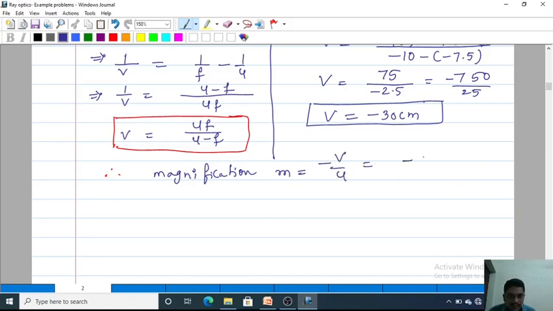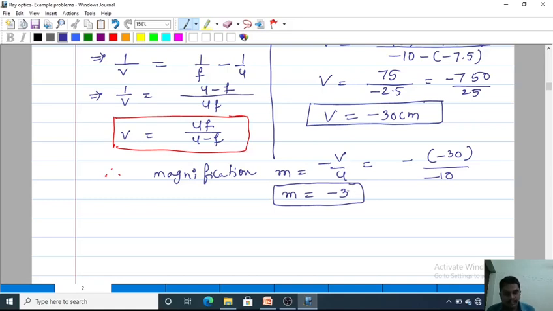So m equals minus of minus 30 by minus 10, which gives minus 3 finally. So magnification is greater than 1, so definitely it is a magnified image.